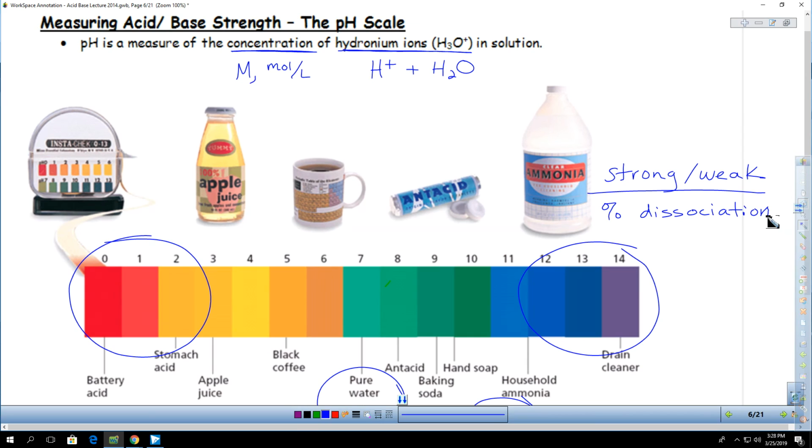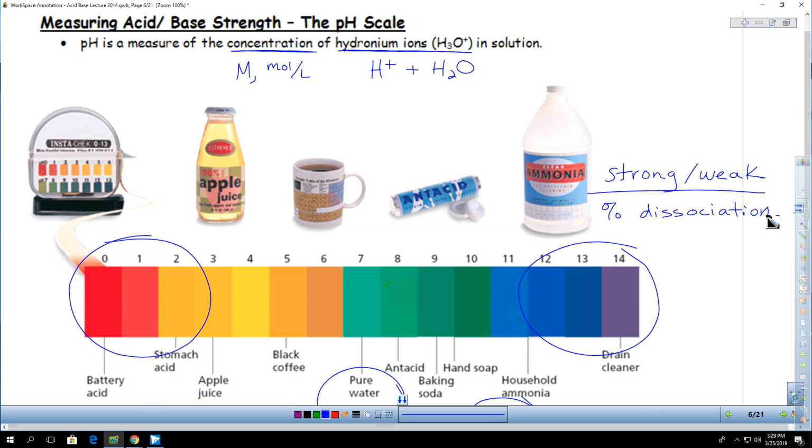So even though it's a strong acid that completely dissociates, if it has a really small concentration, you're not going to get a lot of hydrogen. Then we'd say that the solution's not very acidic. It might still be acidic, but it's only mildly acidic.